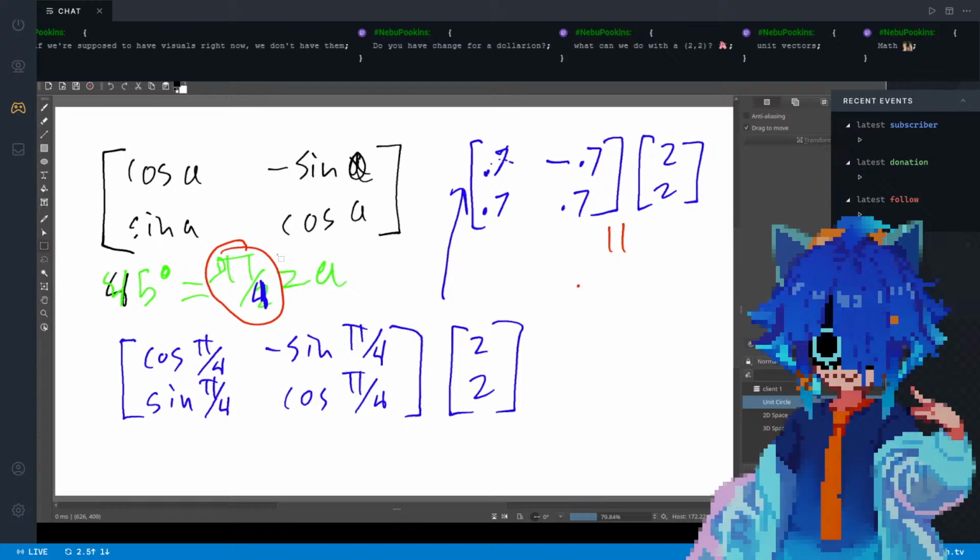We have 0.7, negative 0.7, dotted with 2, 2. And then we have 0.7, 0.7, dotted with 2, 2.